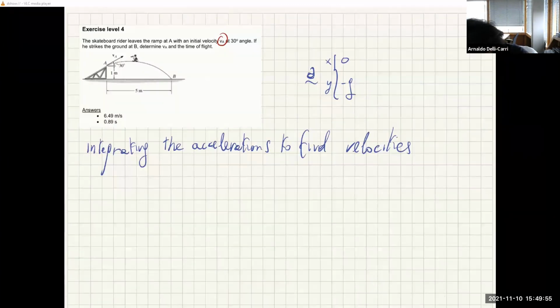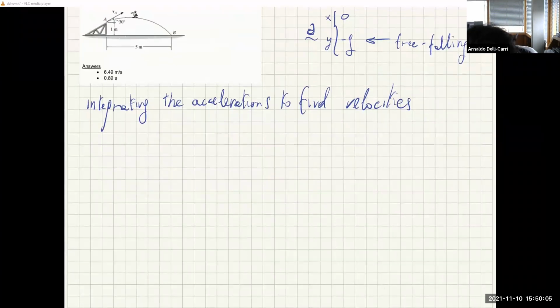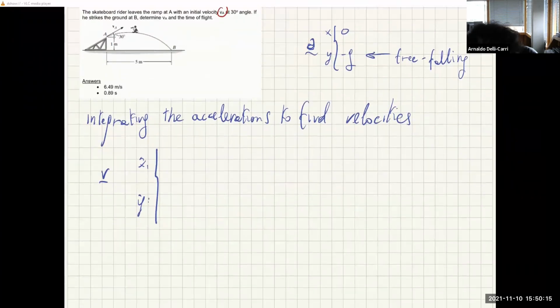So this is in the x-axis. This is free falling. So the velocities are x and y. In x, it's just v0x plus a0x times t. We don't have the x acceleration, it is 0.